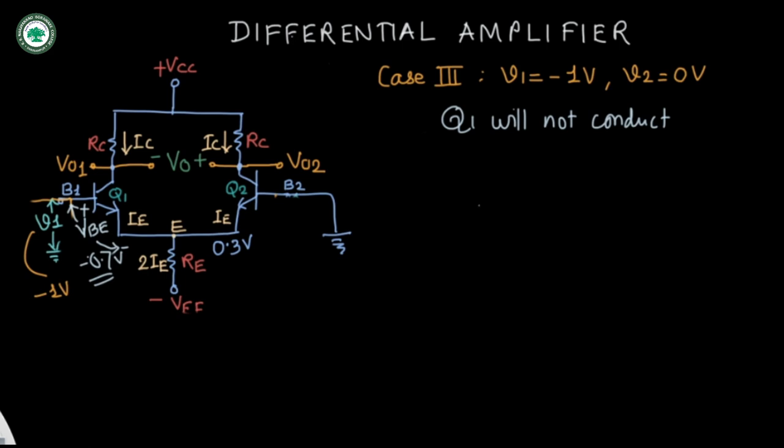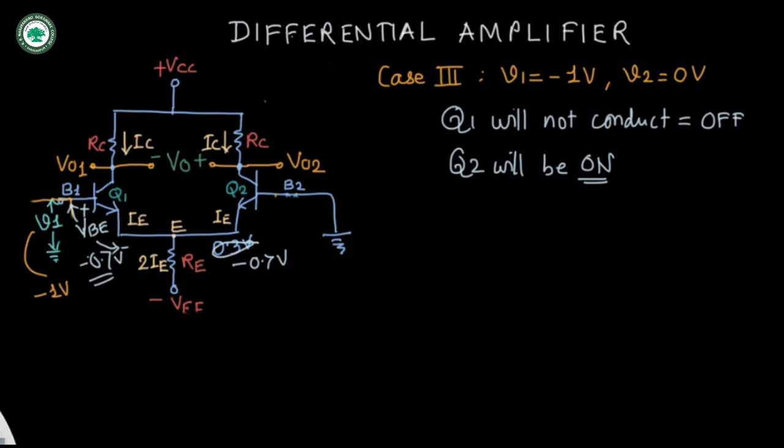So the voltage available will be minus 0.7 volt at the Q2 emitter, and due to this voltage Q2 will conduct, or Q2 will be on, and Q1 will be off.